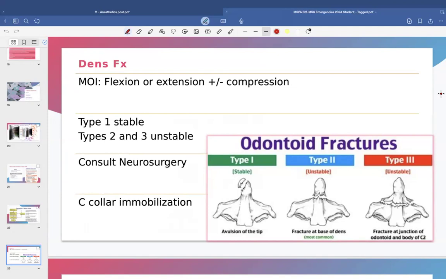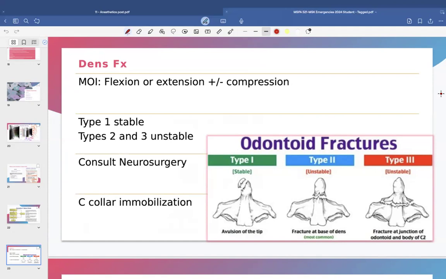Alrighty, your dens fracture. So these are your odontoid fractures. These are mostly from flexion, extension, or compression. Your type ones are going to be stable, because you're just fracturing off that little peak at the top, which doesn't really have much to do with your bony stability.